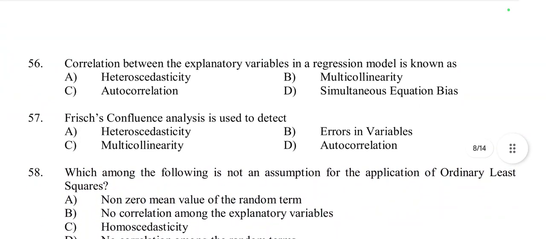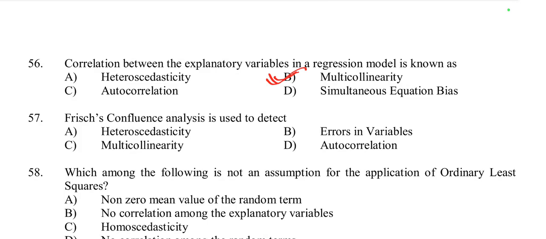Then question number 56, correlation between the explanatory variables in a regression model is known as heteroscedasticity, multicollinearity, autocorrelation, or simultaneous equation bias. So correlation between explanatory variables in a regression model is known as multicollinearity.